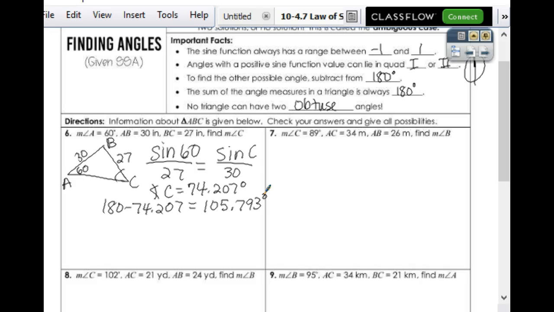The way that I choose how many answers I get: the answer I got, 74.207, I'm going to add the angle that's here. What's the angle that's here? 60. When I add these together, I get 134. Is that less than 180? So this is one of the angles.